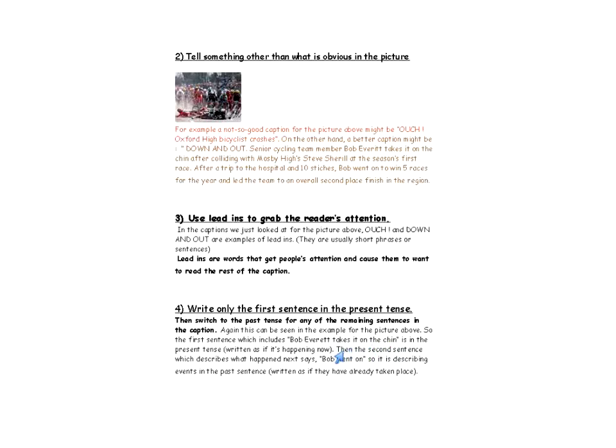The next sentences, after it says he takes it on the chin, then it says after a trip to the hospital, he went on to win. Okay, so that's the past tense. So again, first sentence in present tense, all remaining sentences in the past tense.